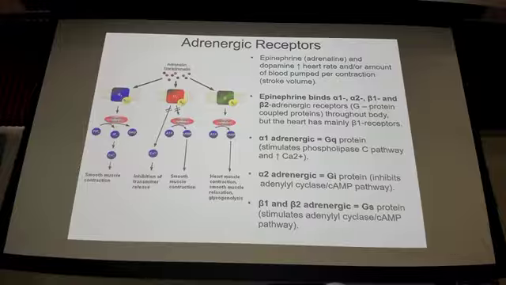Alpha 1 is G sub Q, which stimulates the phospholipase C pathway. Alpha 2 is G sub I, which inhibits adenyl cyclase activation. And beta 1 and beta 2 are G sub S, which stimulates the adenyl cyclase pathway. Are there any questions?